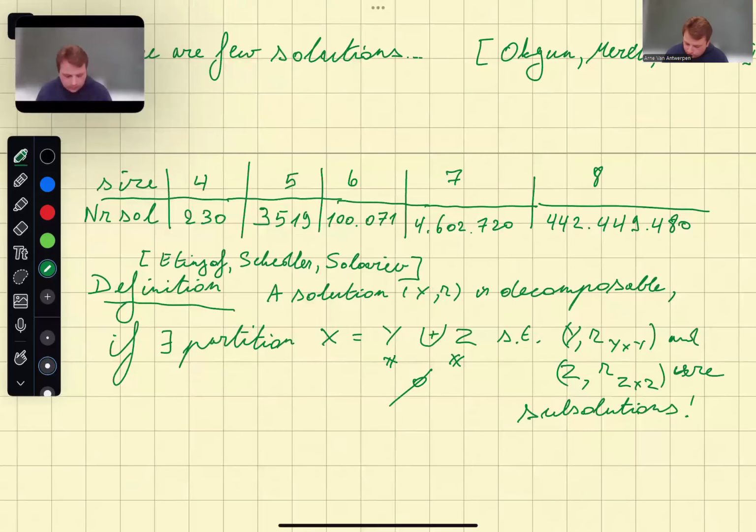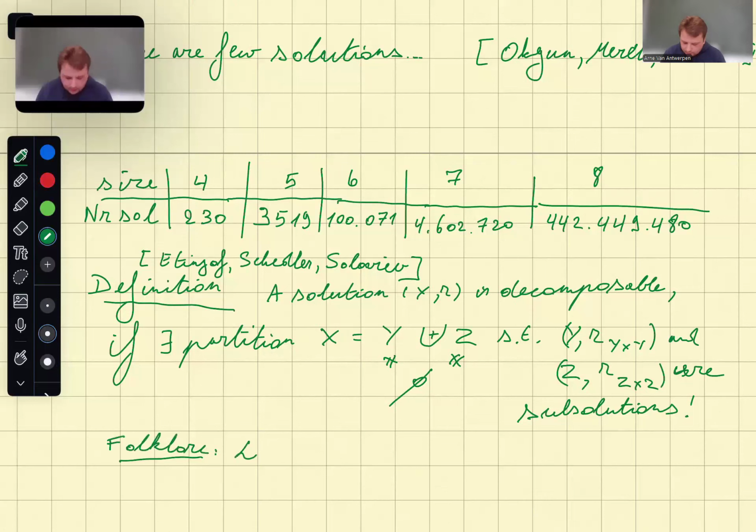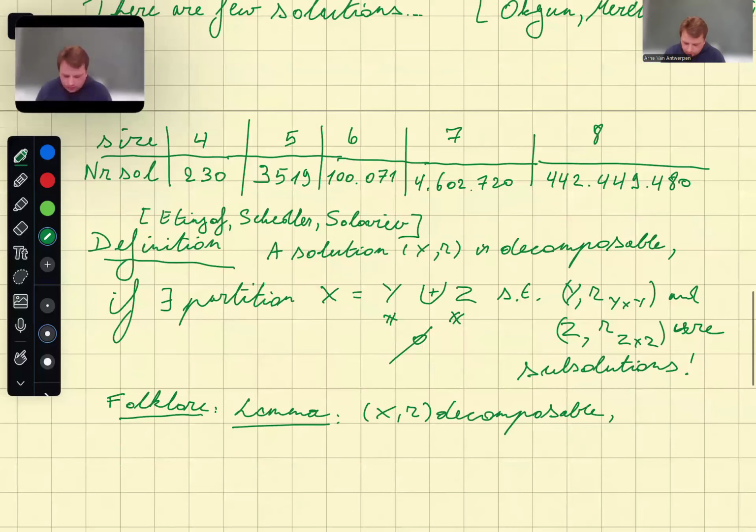Some folklore. I didn't immediately find a good reference for this, but it's for sure well known, that you can reformulate that in terms of morphisms in the following way. I'll write it down as a folklore lemma. Your solution is decomposable if and only if there exists an epimorphism f from your solution to the solution on two elements with tau.